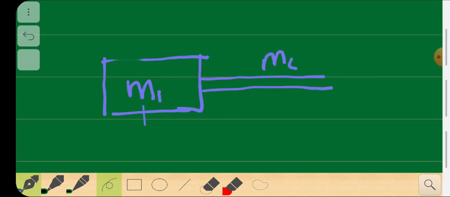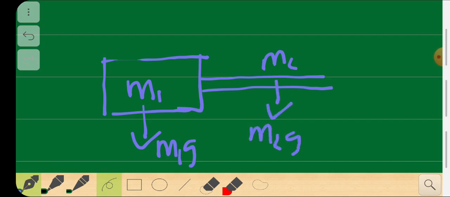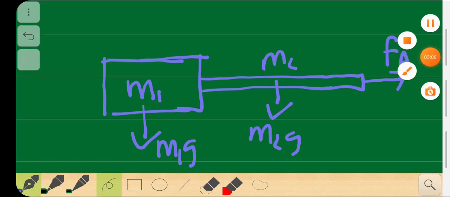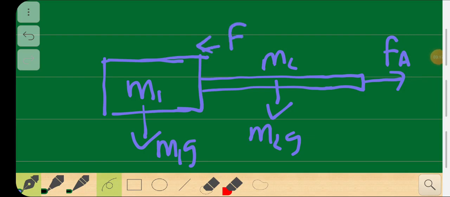So the gravitational force will be m1g, and the gravitational force here will be m2g. And then you are pulling on this string from this direction, there is an action force. If there is an action force like that, then you can clearly acknowledge that there will be a reaction force on the other side of the rope, which you can call Fr.